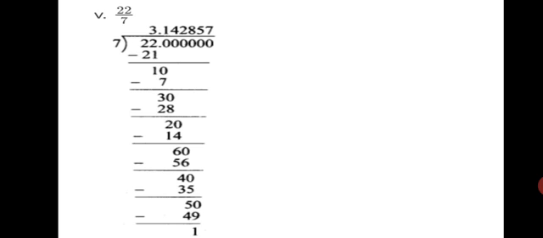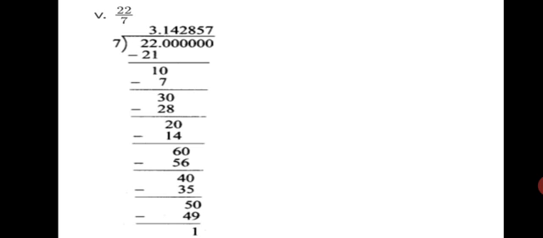And after 3 point in the quotient on top you have got 1. Means again the sequence is going to be repeated. 1 4 2 8 5 7. Okay, that means this is a recurring decimal form of a rational number.